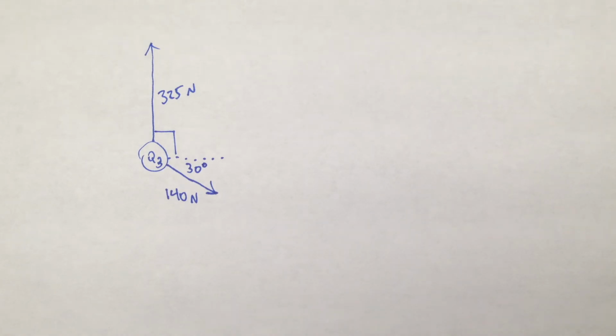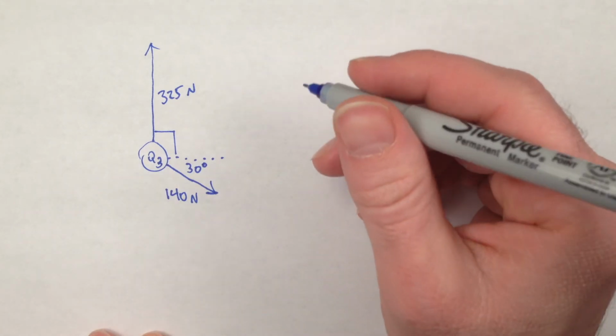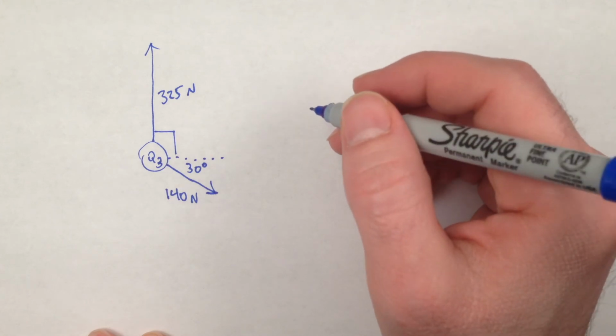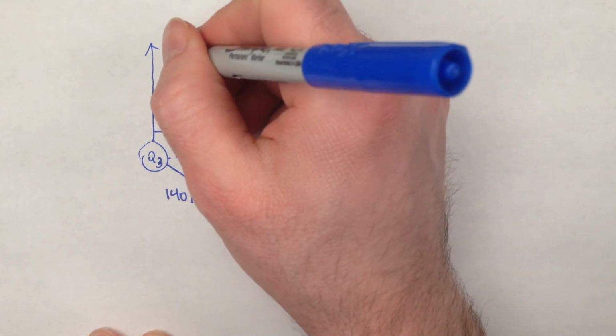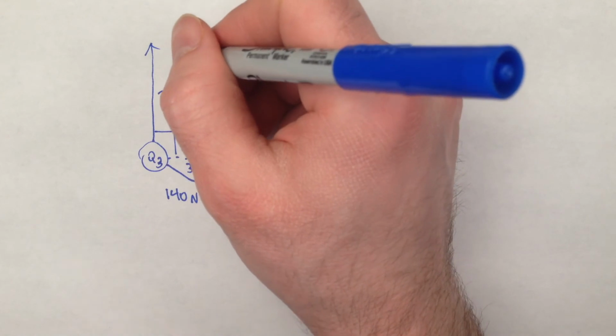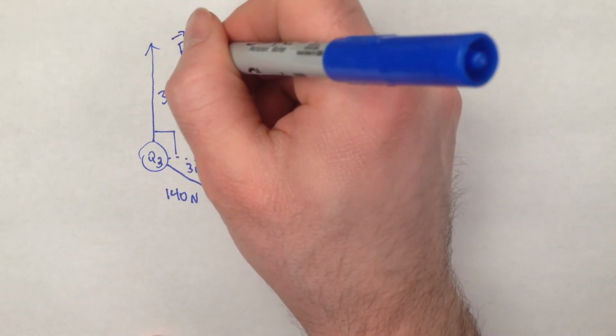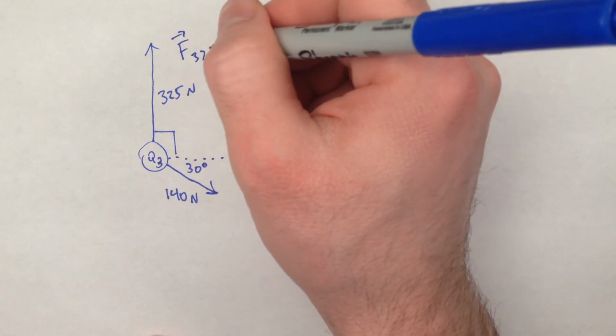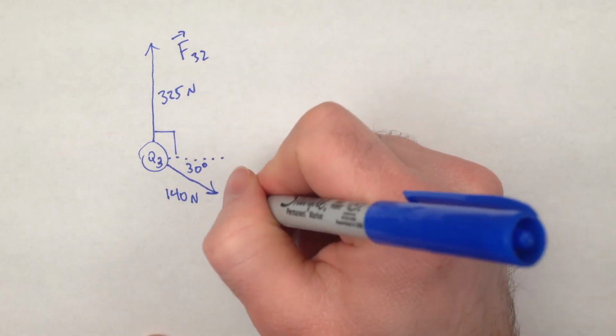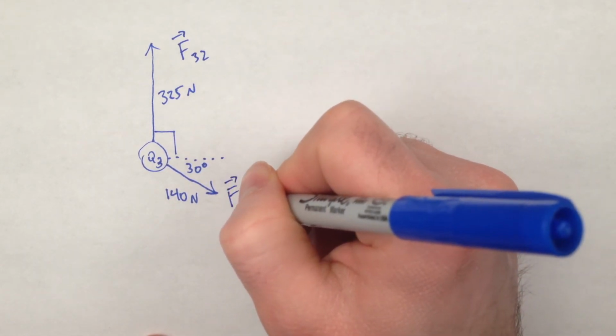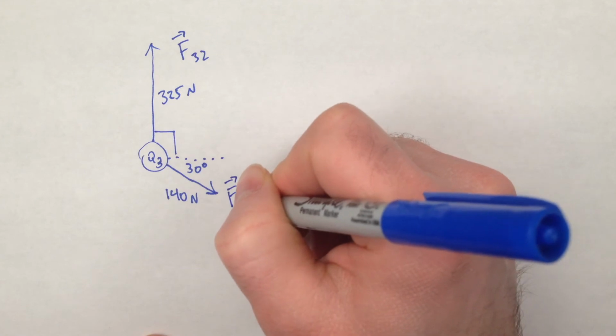Okay, so those are the two forces, and we need to add the two of them up. You could complete the triangle and use the law of cosines, but nobody got time for that. So let's do it component-wise. Remember, this is the force between charges 3 and 2. This is the force between charges 3 and 1.